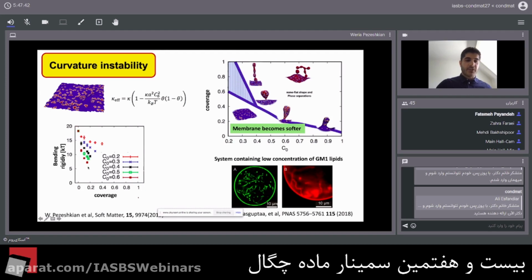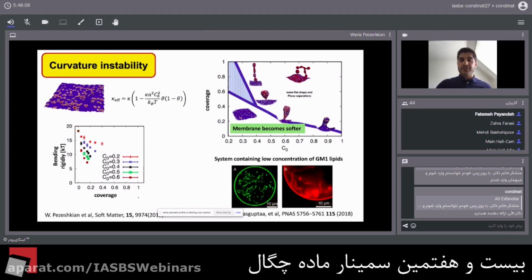Suddenly the bending rigidity goes to 0, not really 0 because it becomes undefinable. It's not reasonable to define it anymore. The reason is that when the membrane becomes so soft, the fluctuation of the shape dominates, and suddenly you see a phase segregation of these proteins.